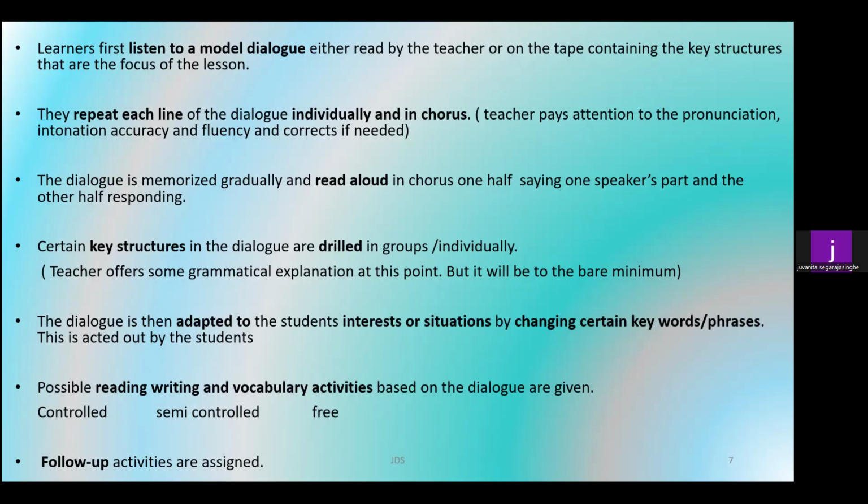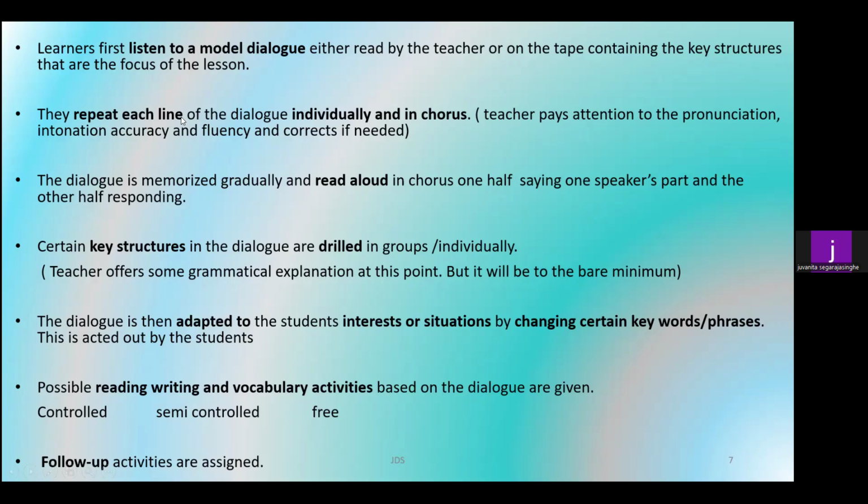An electronic device can be used, or else the teacher herself can just narrate it. The idea is that the structure should be contextualized.